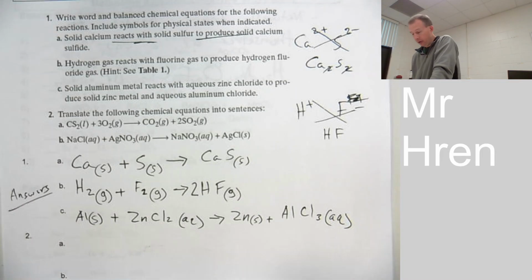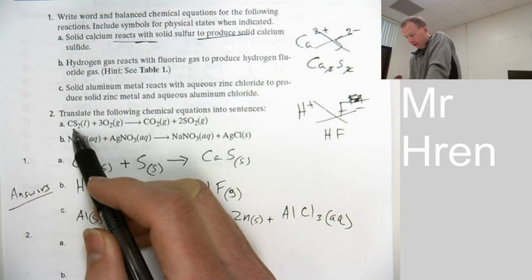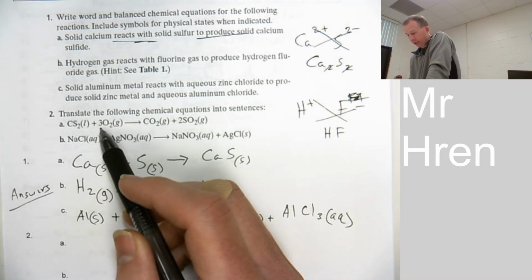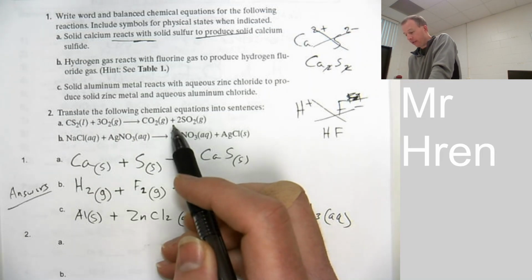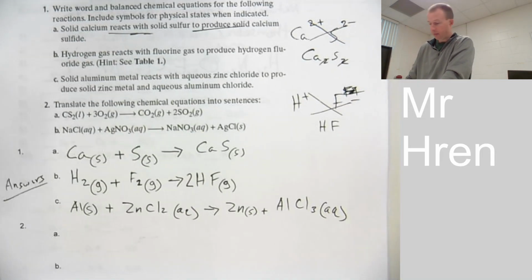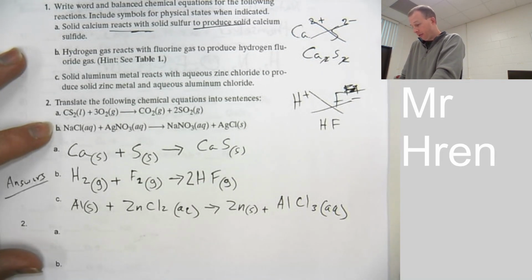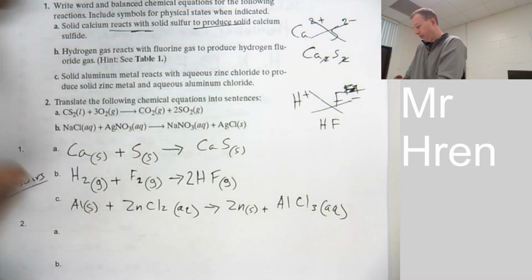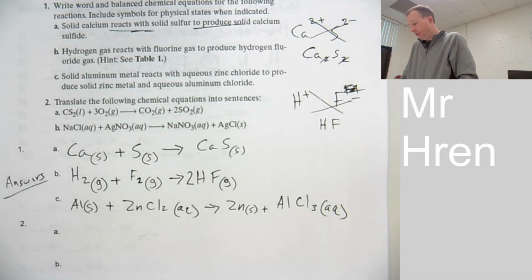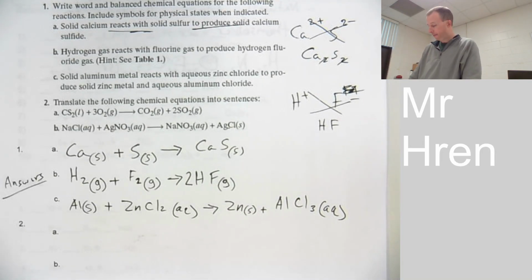For A, you would have liquid carbon disulfide reacts with oxygen gas to produce carbon dioxide gas and sulfur dioxide gas. Then B, you could say aqueous sodium chloride reacts with aqueous silver nitrate to produce aqueous sodium nitrate and solid silver chloride. All right.